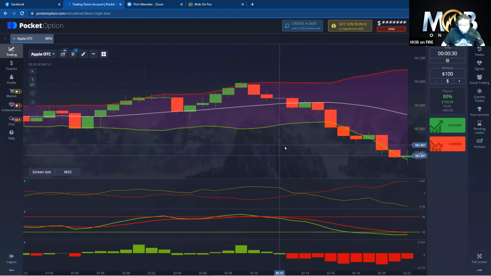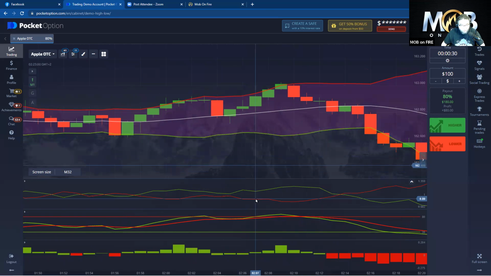And if you take a look at the oscillator, from here to here it was completely flat. If you take a look at the vortex during that period, the buyers were in control, but the distance between the green line and the red line was very little. It really got narrow right here. And that's, again, an indication of how flat the market was.